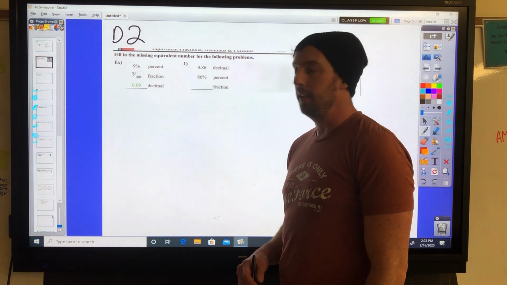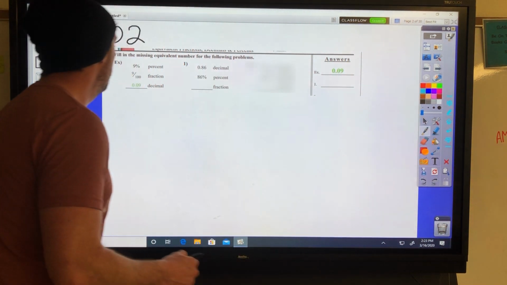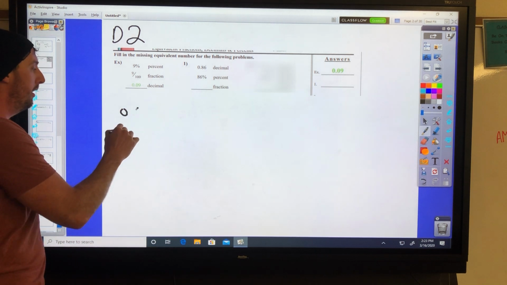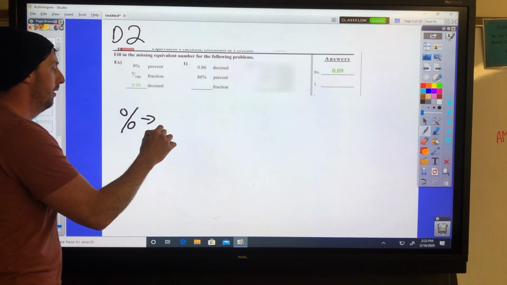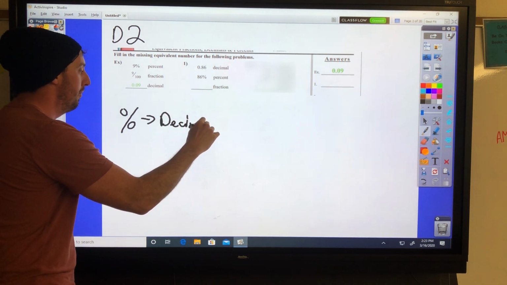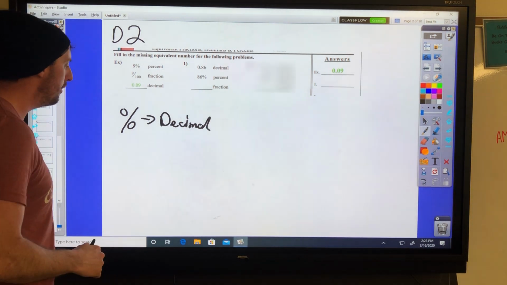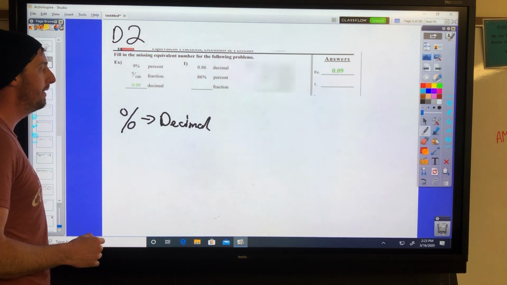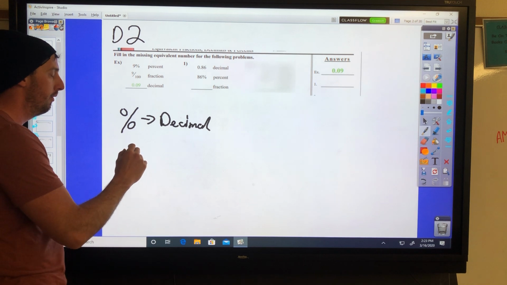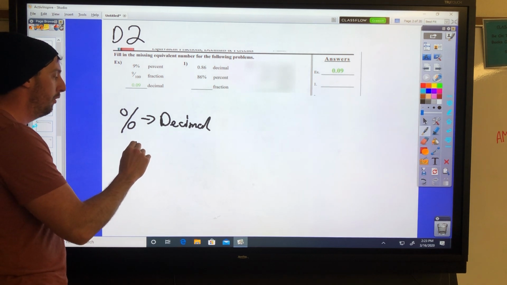In order to change a percent to a decimal, you must bump that decimal point over 2 spaces to the left. Excuse me, I said right at first; 2 spaces to the left.